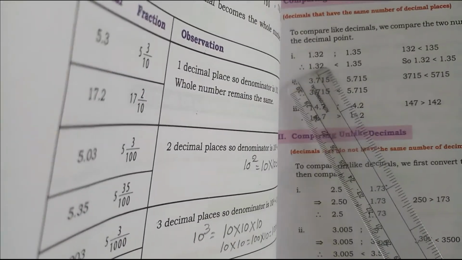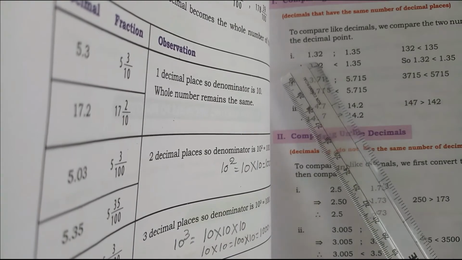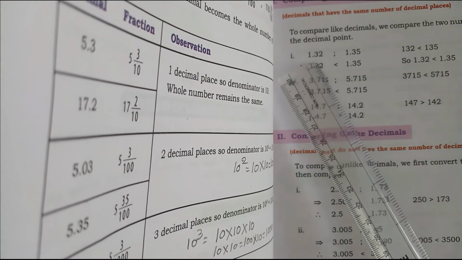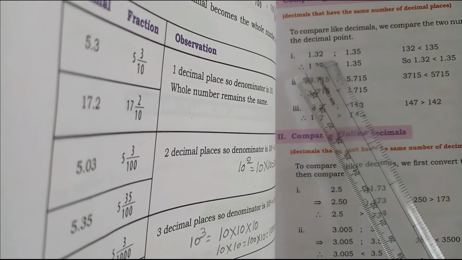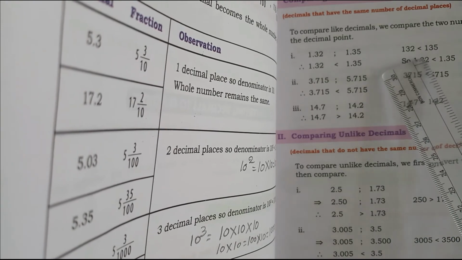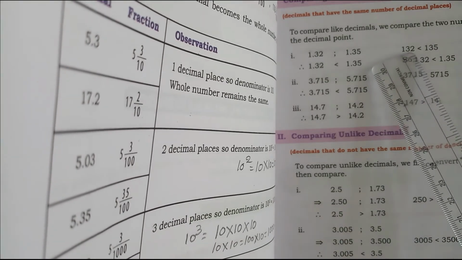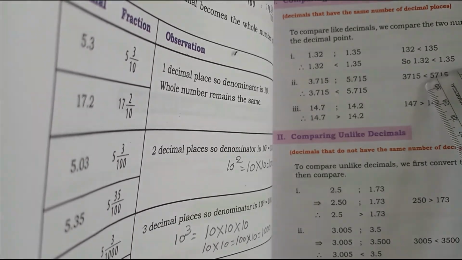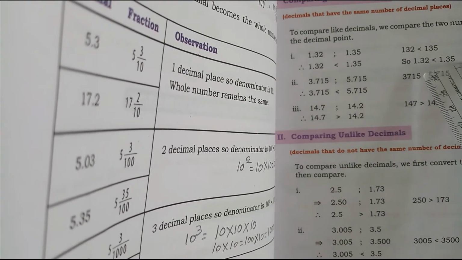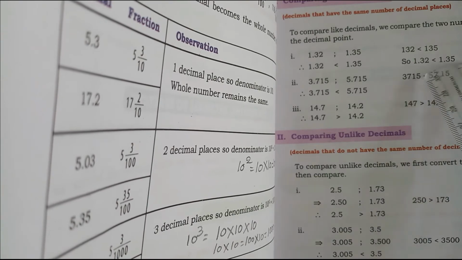For example 1.32 and 1.35. Remove the decimal point and read them as 132 and 135. 132 is less than 135, so 1.32 is less than 1.35.